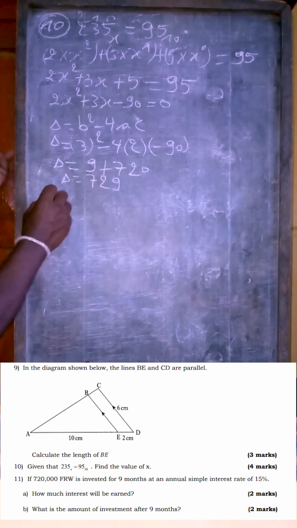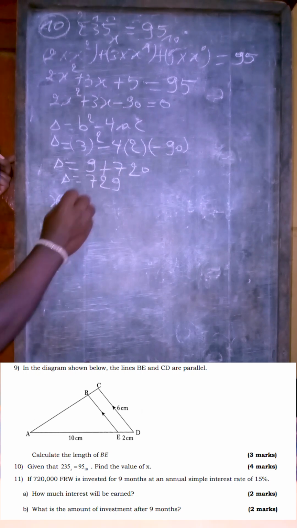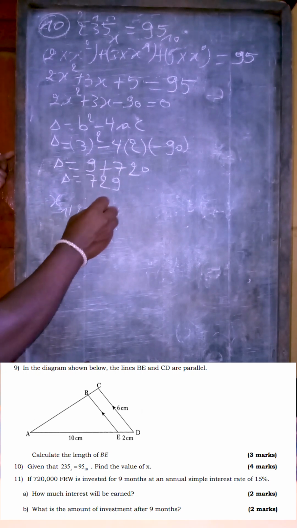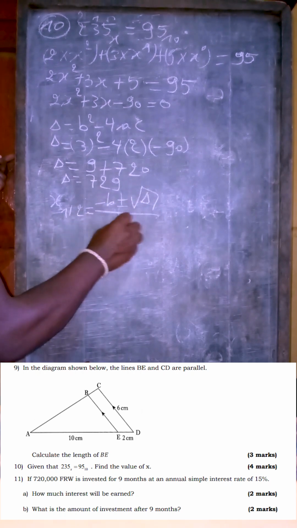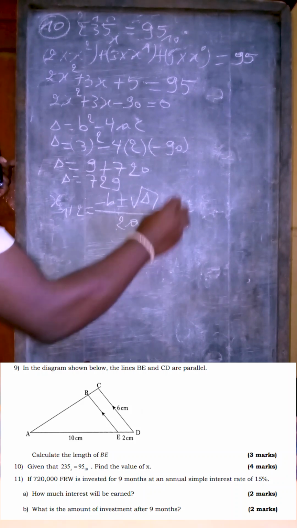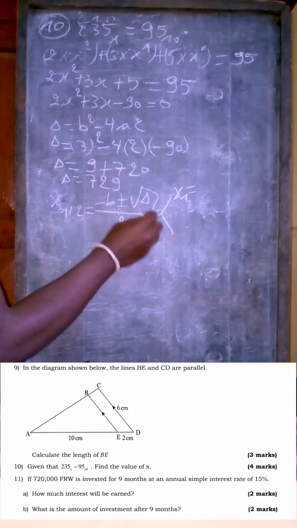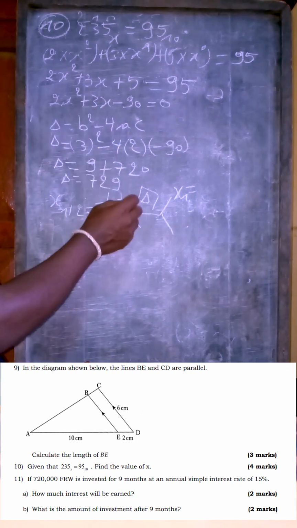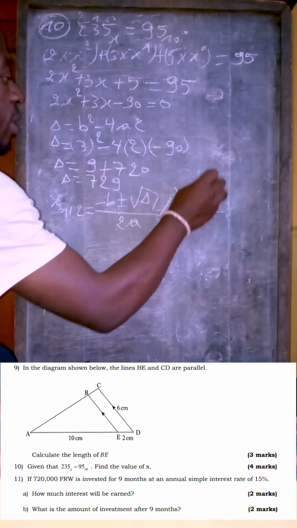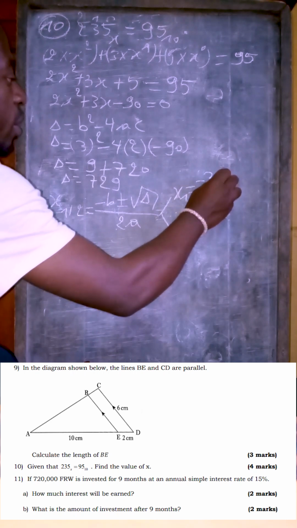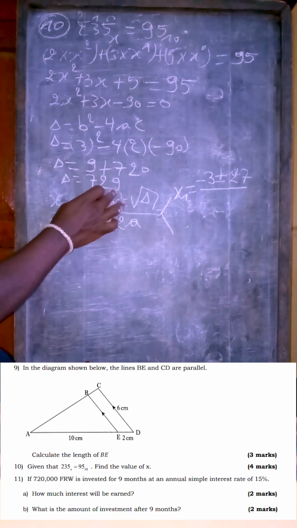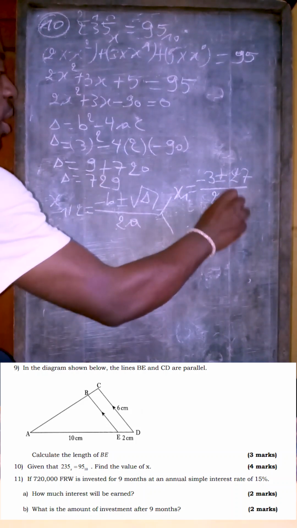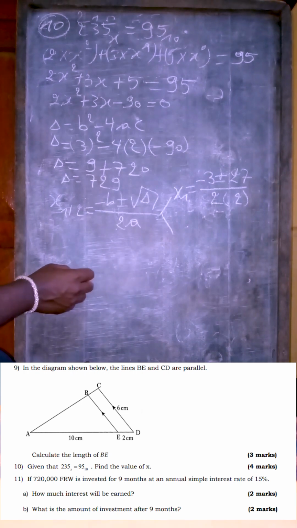And as you know, the value of x1 and x2 is equal to minus b plus or minus square root of delta over 2a. And x number 1 from here is equal to minus b, b is 3, and it means that it is minus 3 plus or minus 27 as the square root of 729, over 2 times 2, as the a.